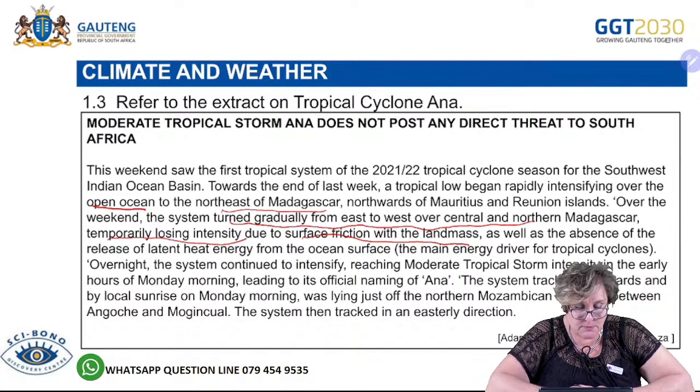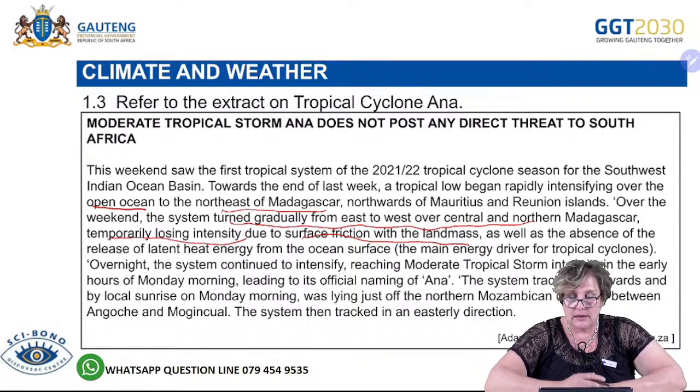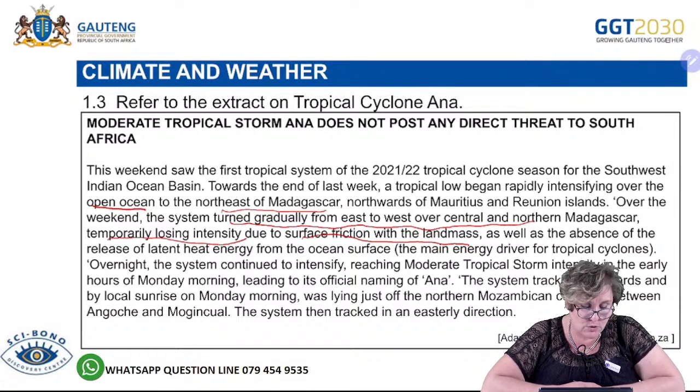Overnight, the system continued to intensify, reaching moderate tropical storm intensity in the early hours of Monday morning, leading to its official naming of Anna. The system tracked westwards and by local sunrise on Monday morning was lying just off the northern Mozambican coastline between Angoshe and Mojinjual.